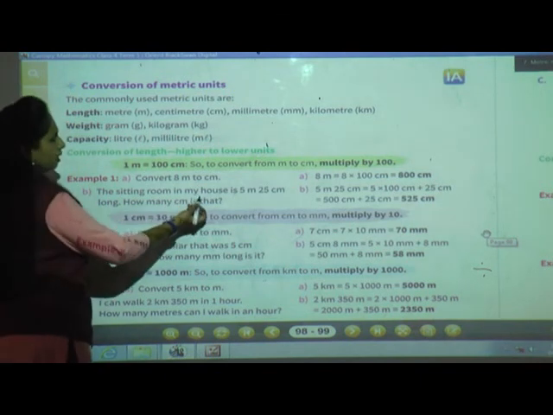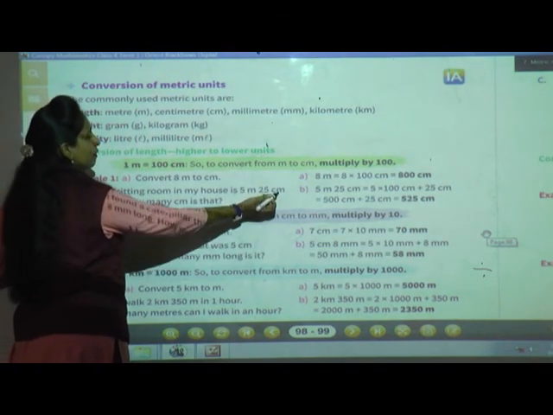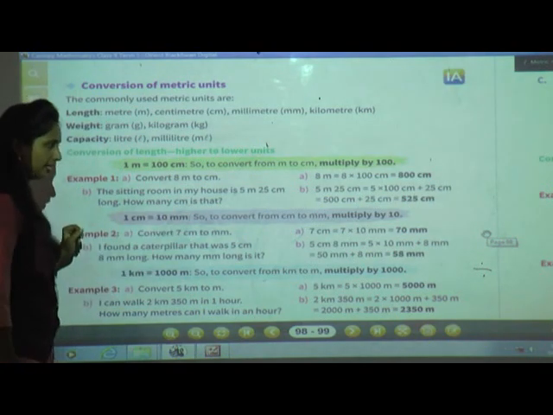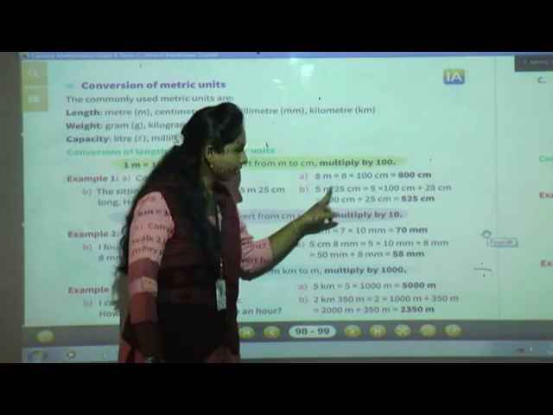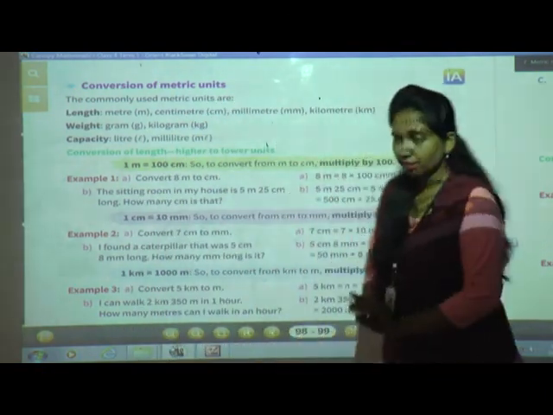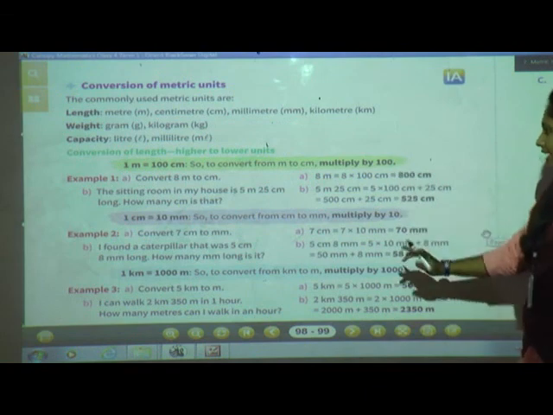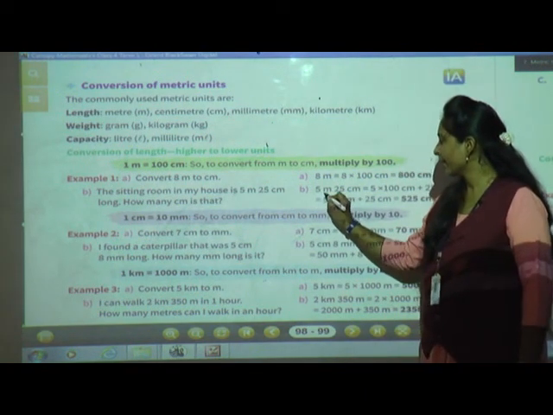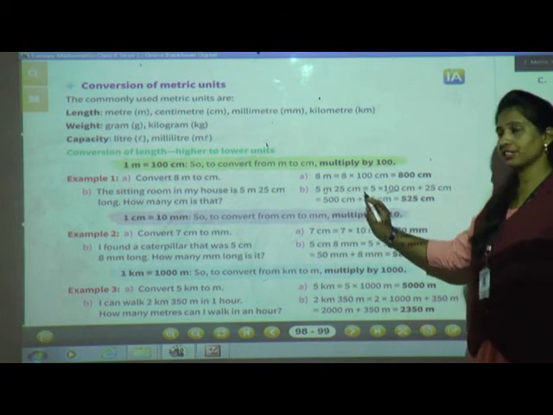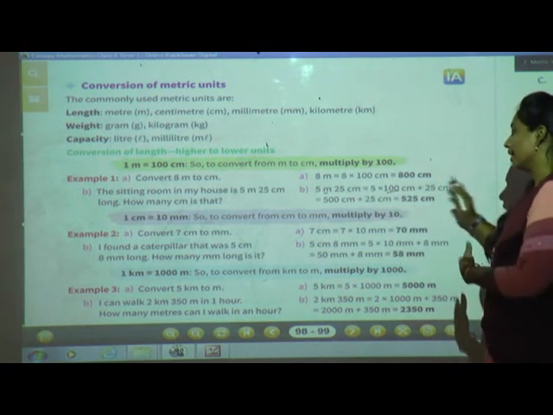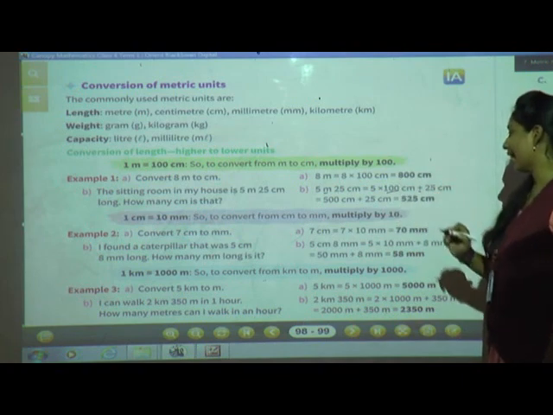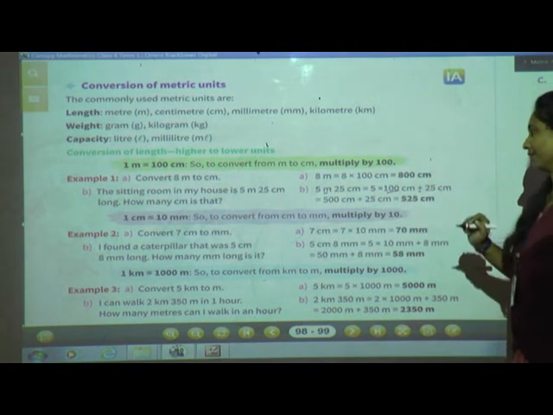The second example. The sitting room in my house is 5 meter and 25 centimeter long. How many centimeter is that? So 5 meter and 25 centimeter. To convert meter into centimeter, we multiply by 100. So 5 multiplied by 100. Centimeter is already there, we are converting into centimeter, so add the given centimeter. Write the addition symbol and write 25 centimeter.